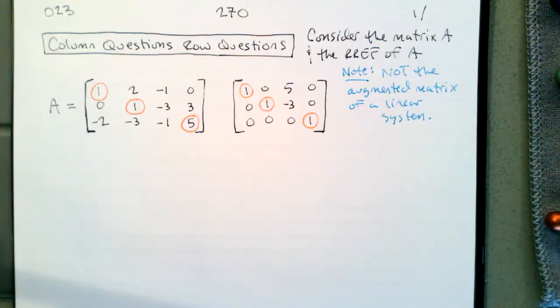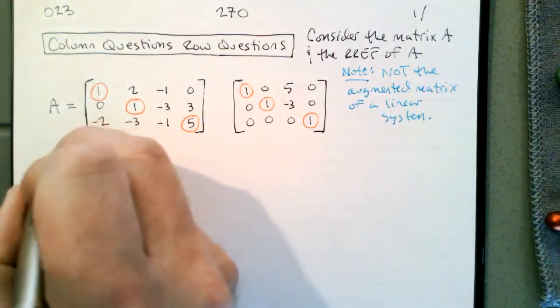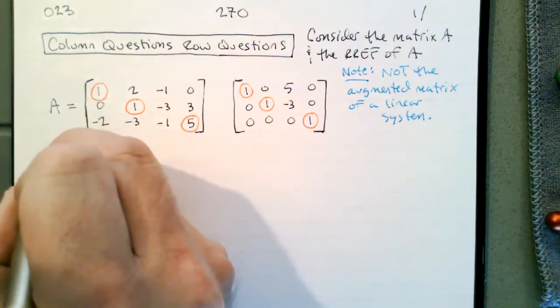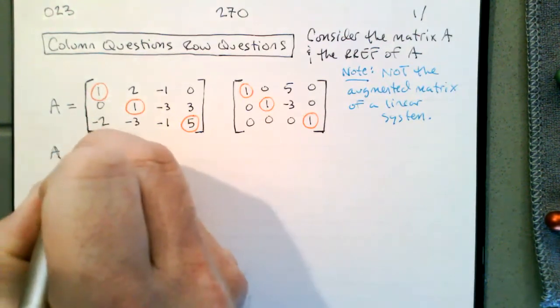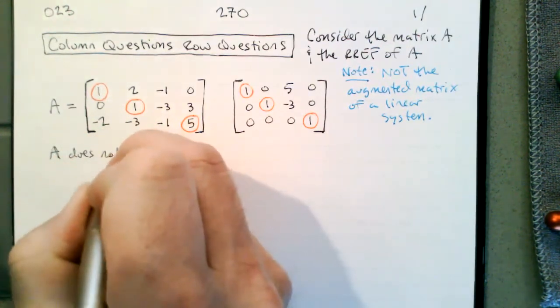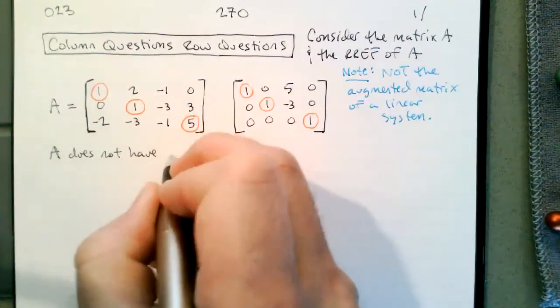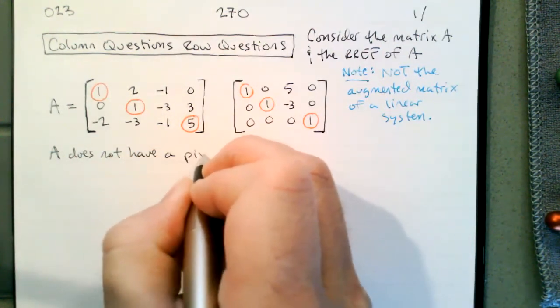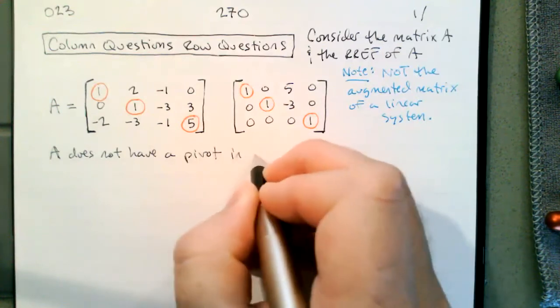So we want to be able to read the pivots. We notice that A does not have a pivot in every column. So that's what we observe. In the column questions, we see that A does not have a pivot in each column.